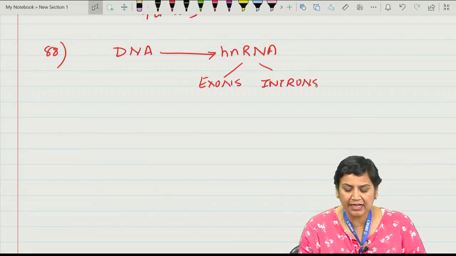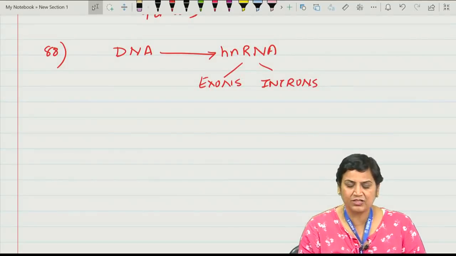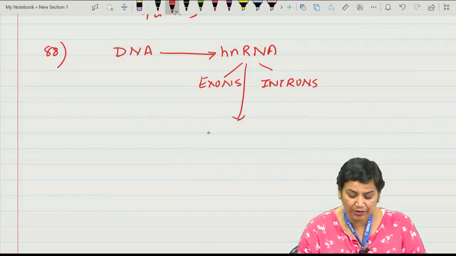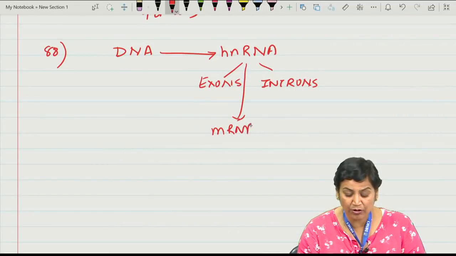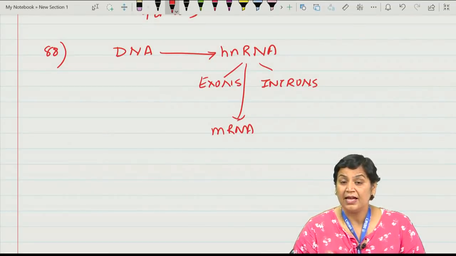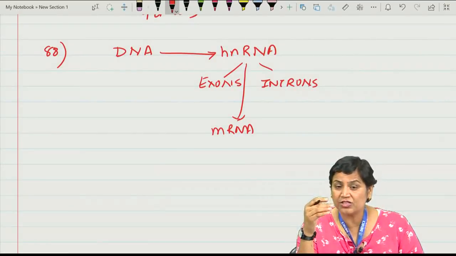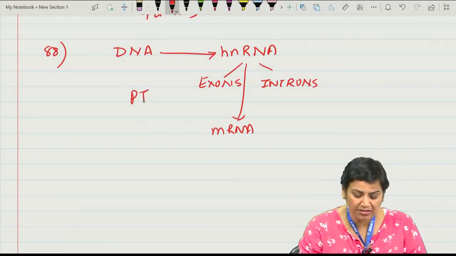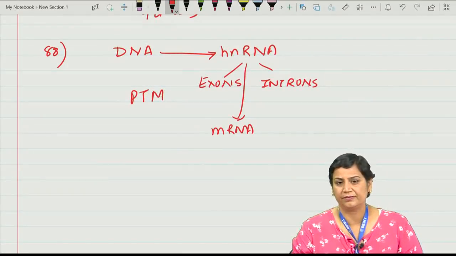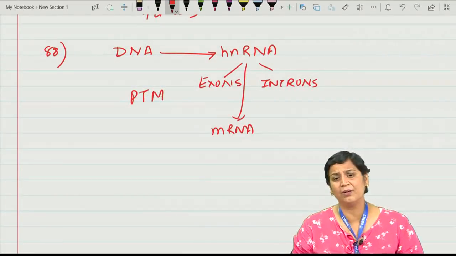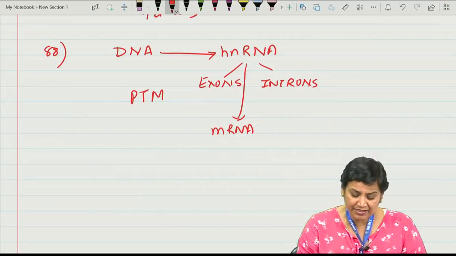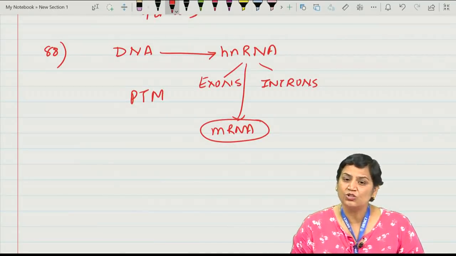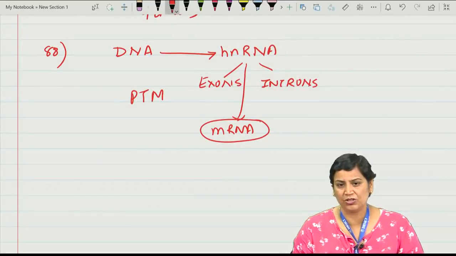Introns are the intervening sequences and exons are the coding sequences. Now this hnRNA has to be converted into messenger RNA before it undergoes translation, and this conversion is post-transcriptional modification. This is a very important process. Once this mRNA is produced in the nucleus, it is released in the cytoplasm so that it can undergo translation.